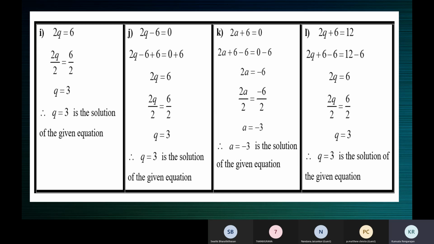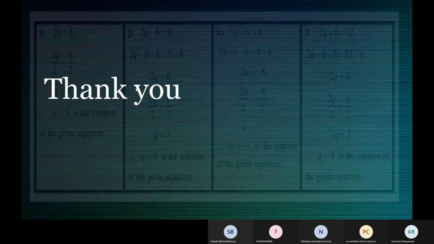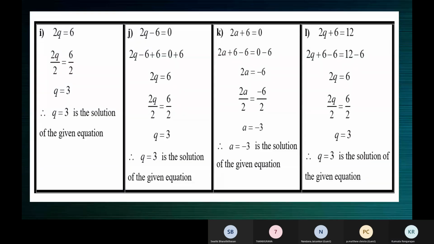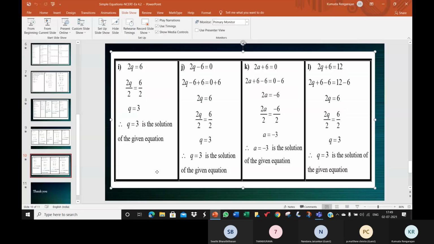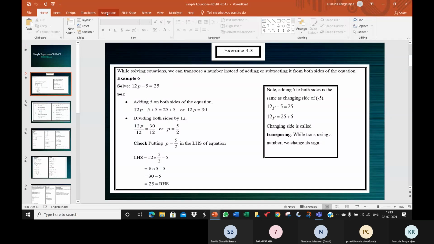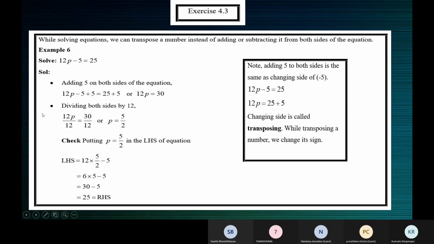Just take a picture and please try it at home. Just have a look at the slide, children. Just go through the contents.